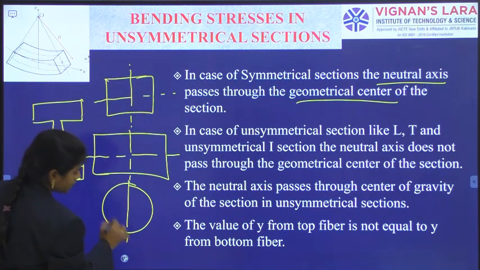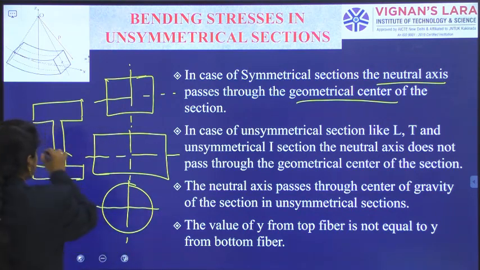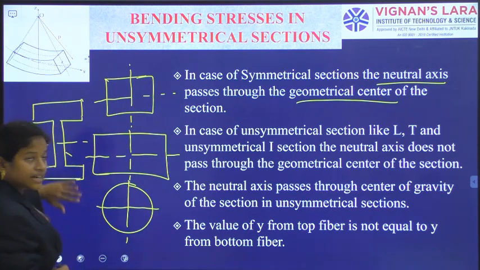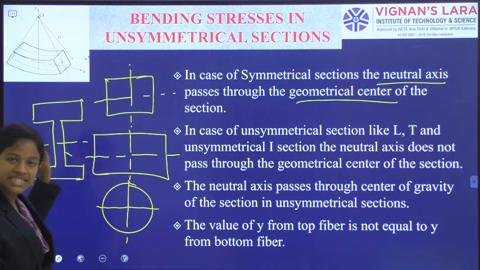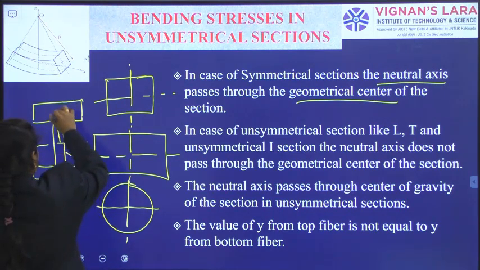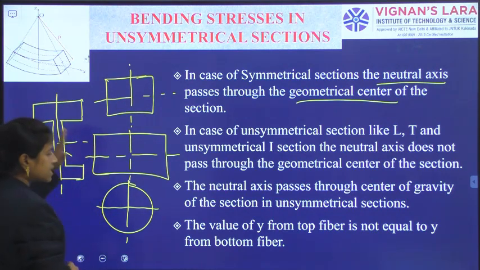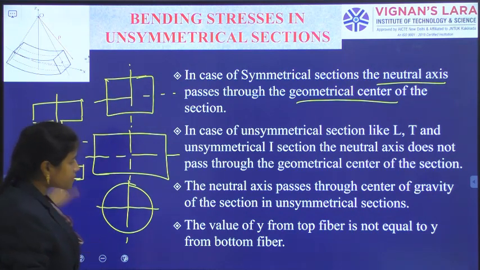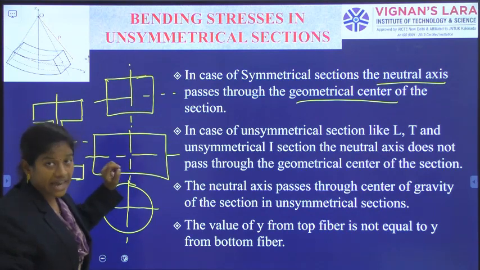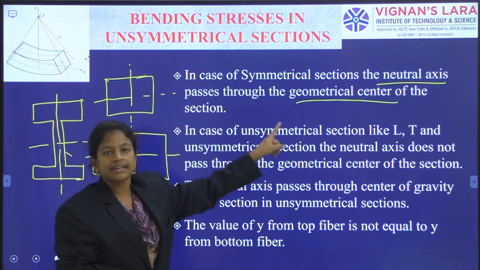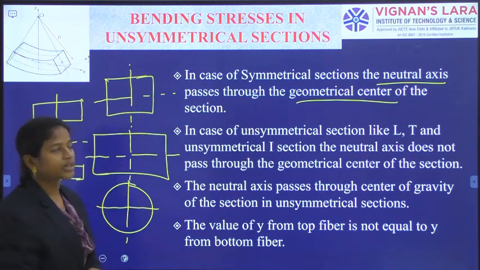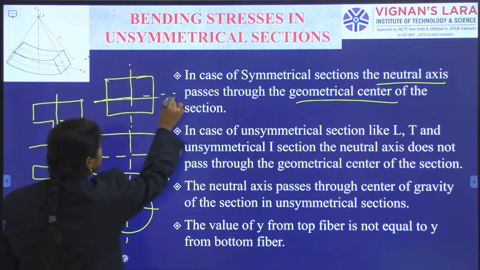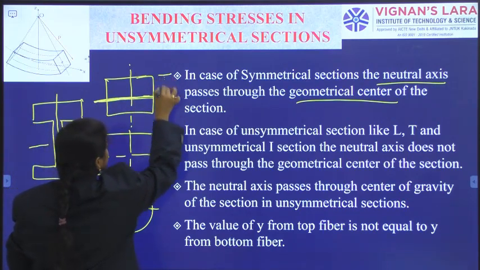For this also, there is vertical symmetry and horizontal symmetry. When we observe horizontally, the top segment and bottom segment are alike, and when you observe vertically, the same symmetry is there. Such symmetrical sections will have the geometrical center line coinciding with the neutral axis.